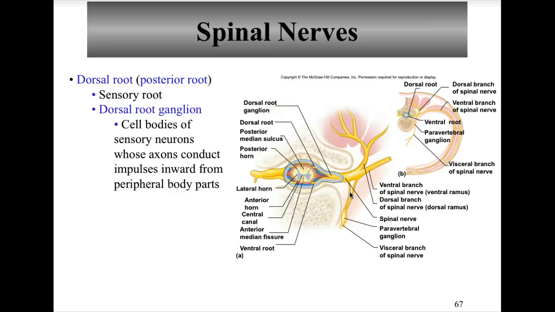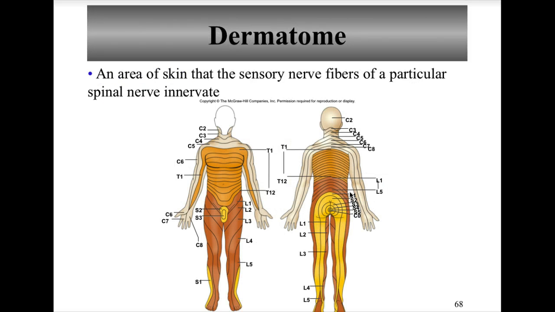You have a large anterior branch, which is the ventral ramus, and then the branches of the paravertebral autonomic ganglia, which is the rami communicans. So the dorsal root, or sensory root, the dorsal root ganglion, remember that these are cell bodies of sensory neurons whose axons conduct impulses inward from peripheral body parts.